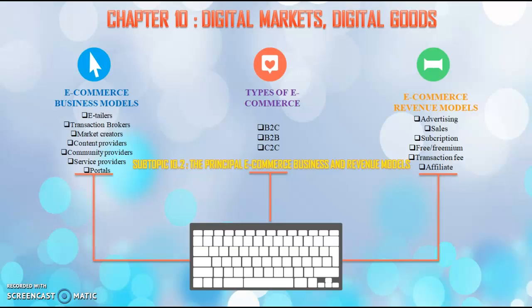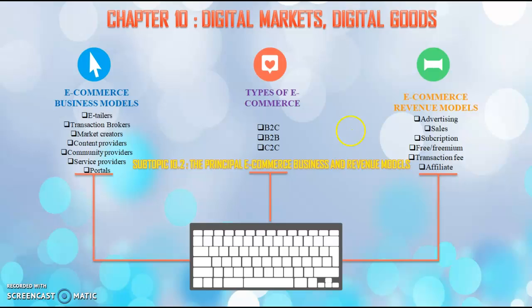Second, business to business (B2B) electronic commerce involves sales of goods and services among businesses. For example, Elemica's website for buying and selling chemicals and energy is a good example of B2B e-commerce.